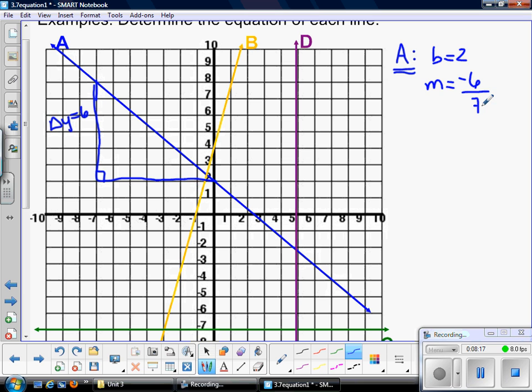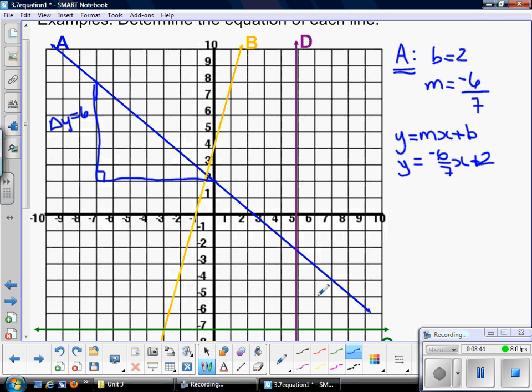So now I have my slope and my y-intercept. So now it's just a matter of substituting everything into y equals mx plus b, and we end up with y equals -6/7 x plus 2. And we're done that.